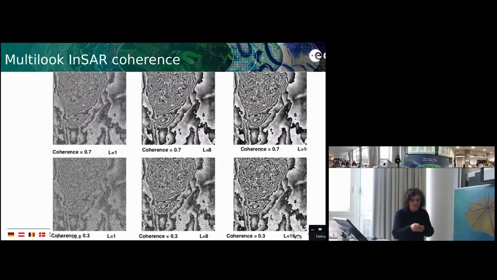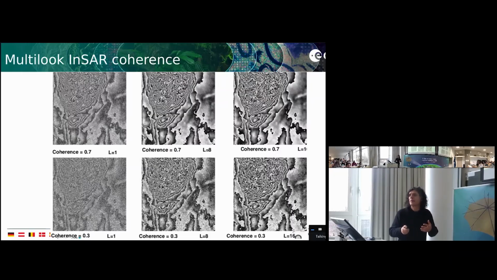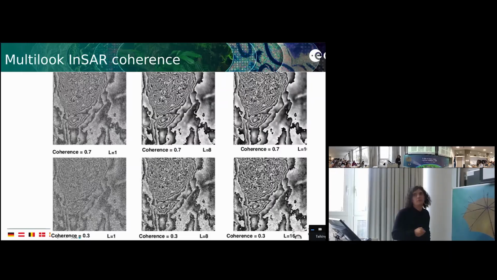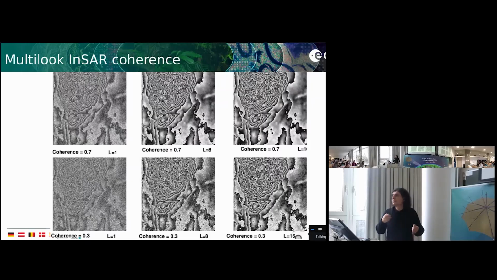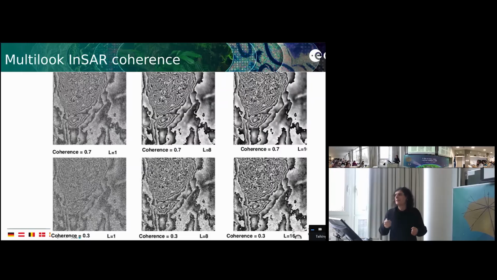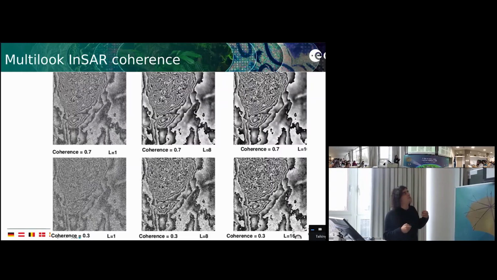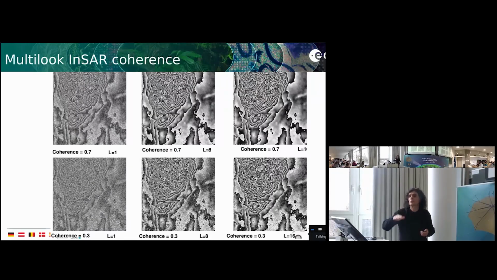So the speckle filtering comes at the cost of a loss of resolution, and by averaging over large areas, you may blur the original DTM and have problems during the reconstruction. So the conclusion is that speckle filtering can help you, but everything you gain has a cost. Okay? The cost is a loss of resolution, and it is very important to try to perform SAR interferometry in conditions where you have a high true coherence value.